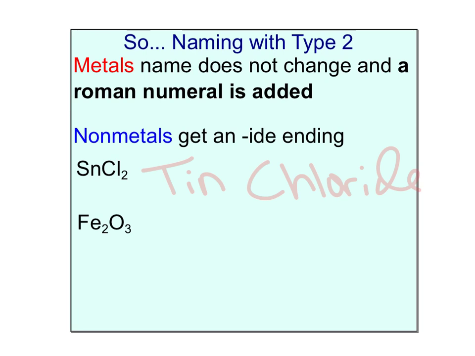Therefore, I need a Roman numeral. Now this is where I'm going to do that backwards math to figure out which one I'll do. Chlorine is a -1, and there's 2 of them. Tin can be +2 or +4. Because there's 2 -1 chlorines, tin must be a +2 in this example. So the Roman numeral I'm going to include is a 2.